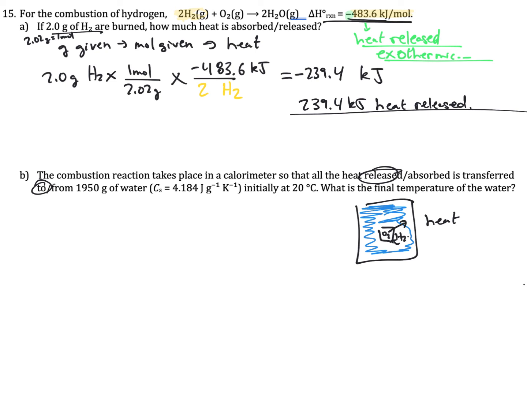So when I go to do this, I'm going to use my standard equation, Q heat is equal to mCs delta T. But now this Q is the Q for the water, so this is a positive Q. Again, exothermic reaction, heat released. We know the temperature of the water has to increase, so always think about that when you're going through these questions.